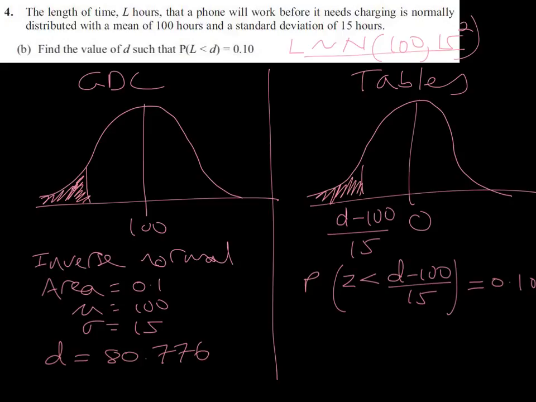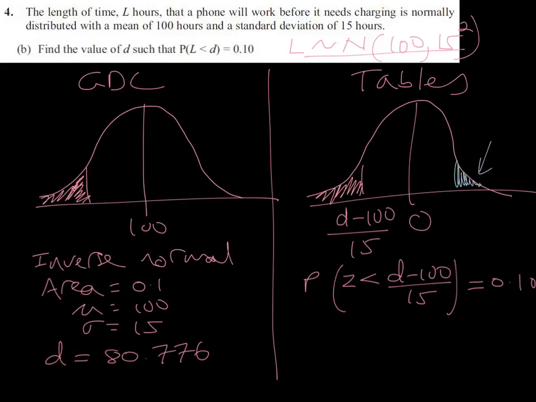Now, however, if you look down the probability column on the tables, you will see that the probabilities only start at 0.5. So we're going to have to somehow manipulate it. Via symmetry, we can see that there'll be an equivalent point over here, and we know that the area to the right here must also be 10%.